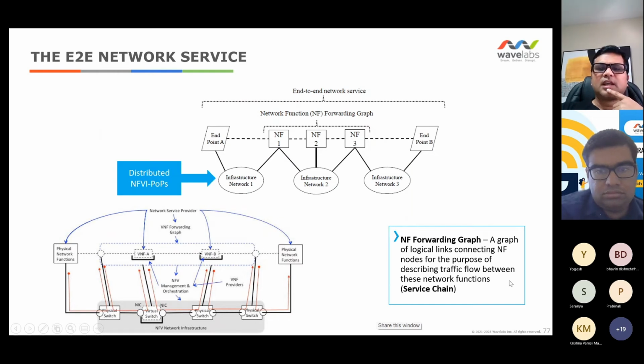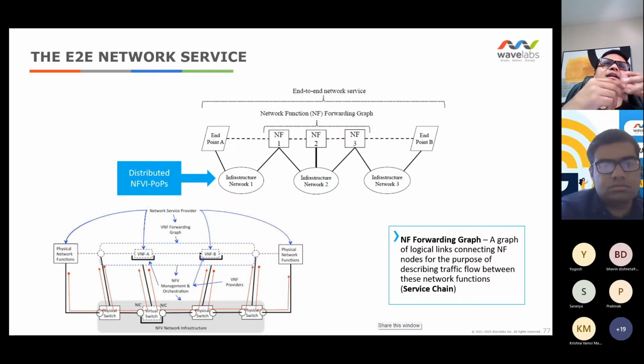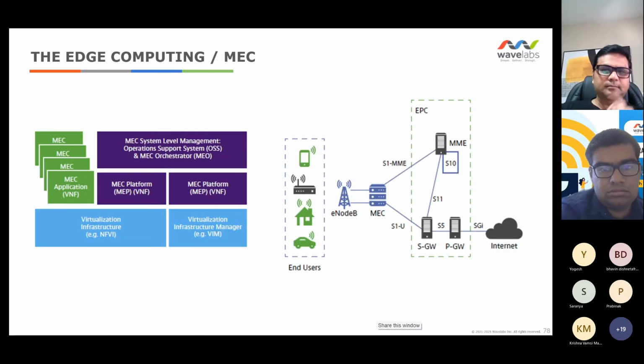Sometimes they refer to a service chain, but at the end of the day it's all the same. How this whole service, like voice service, is provided using all these different VNFs is nothing but a service chain. This is the service chain for voice service, which has eNodeBs, different ORAN components, core components, to actual PLM components. The whole thing is your service chain, which provides a broadband service, voice service, or IoT service. That's how it's always conceptually looked at.